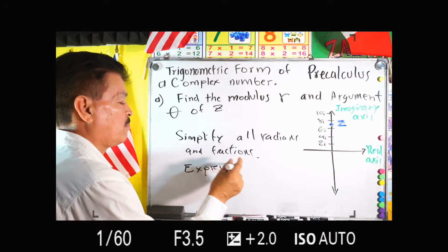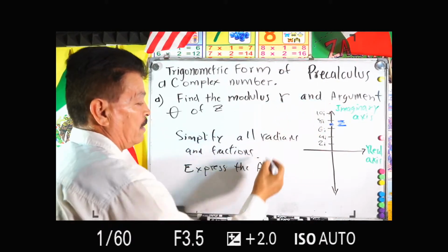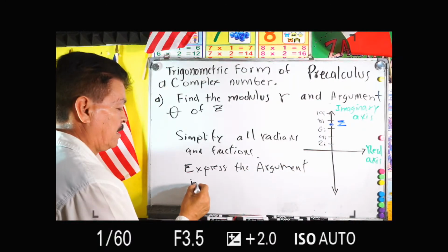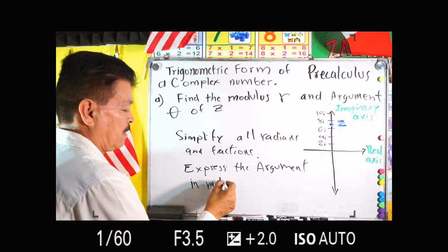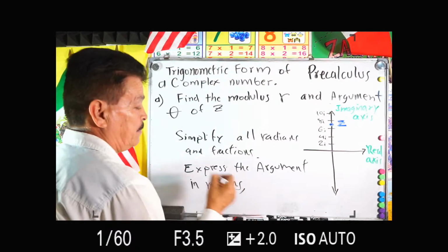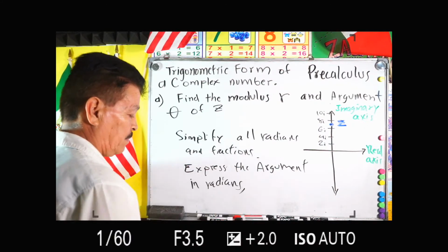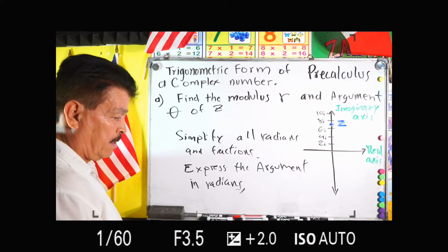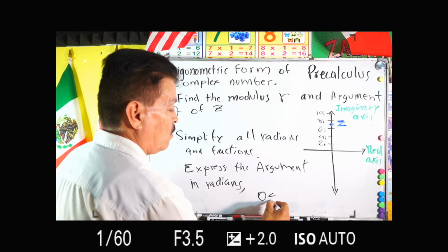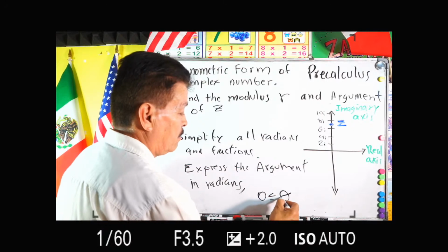We are looking for the argument in radians, with, let's write 0 less than or equal to this angle, right?